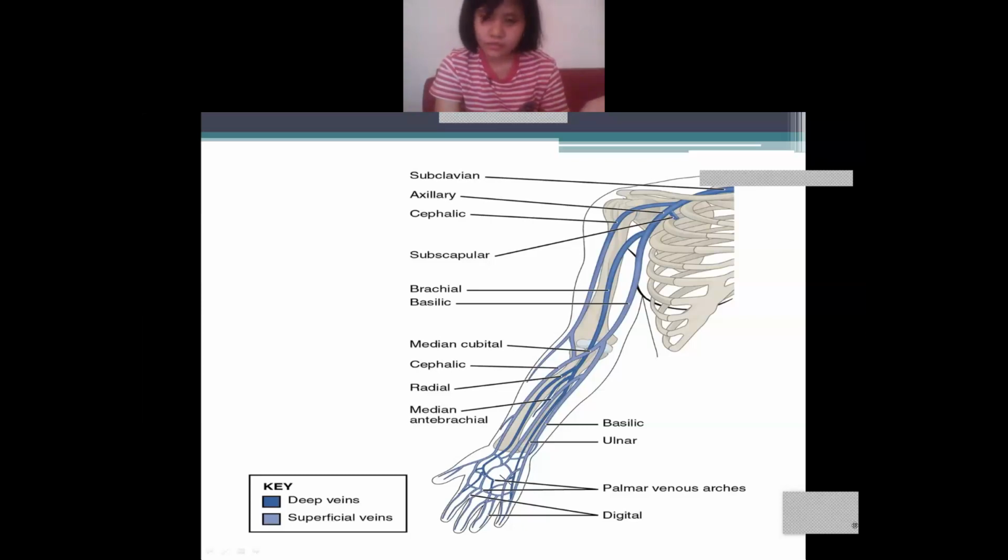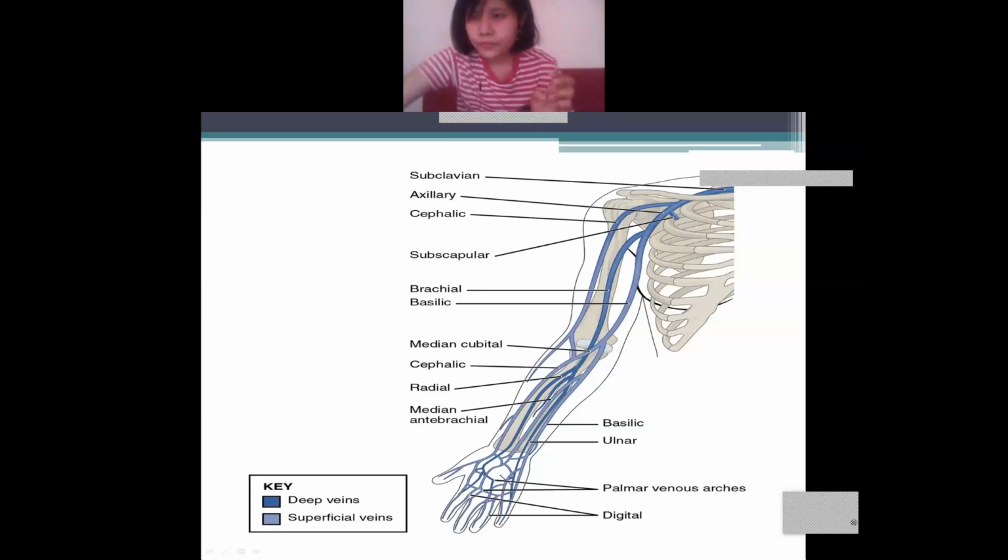Can you see it? Those blue ones are all superficial veins. They lie beneath the skin, so they are visible, and you can easily see them.